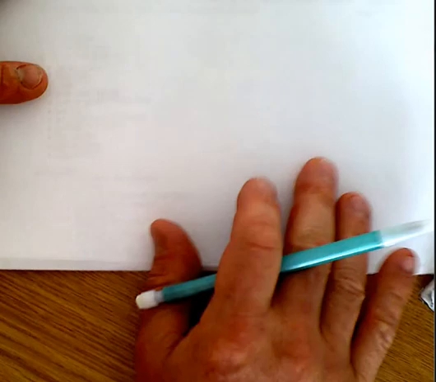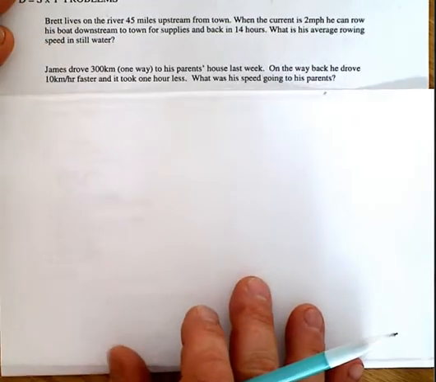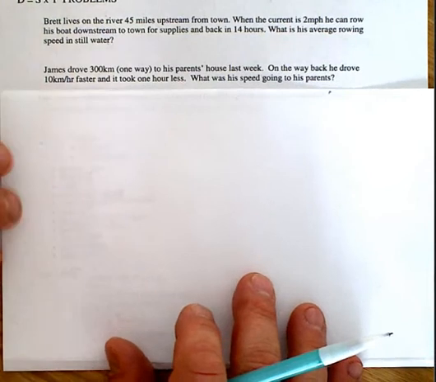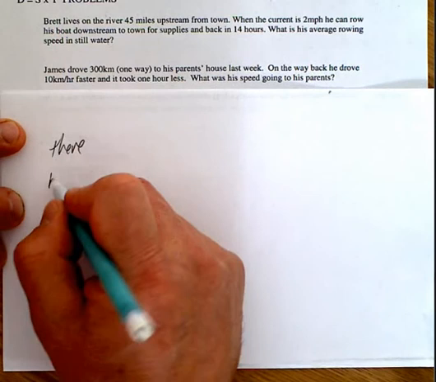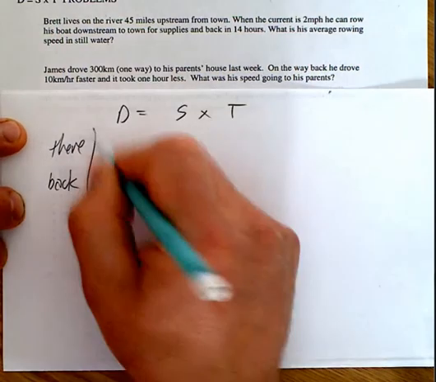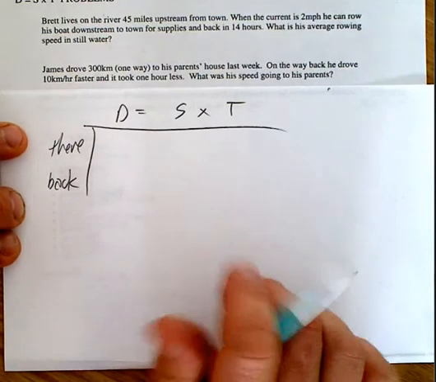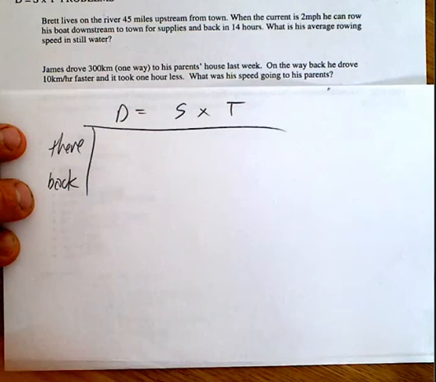James is driving to his parents that live 300 kilometers away. So he has to drive there, and he has to drive back. Since we're still dealing with distance, speed, and time, let's put those up there as well. What we see if you can take some of this information and plug it in there. Okay?